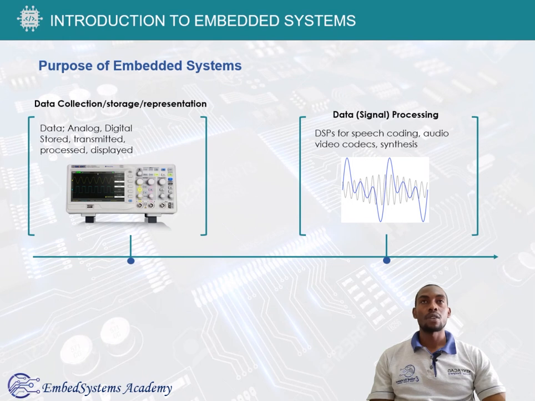This data can be collected, transmitted, processed, and displayed by an embedded system. That is one task of an embedded system, to collect data. Again, after the collection of data, an embedded system also does signal processing or data processing. Of course, data collected without processing is useless. So this data, once collected, is processed by an embedded system. That's another purpose of an embedded system.